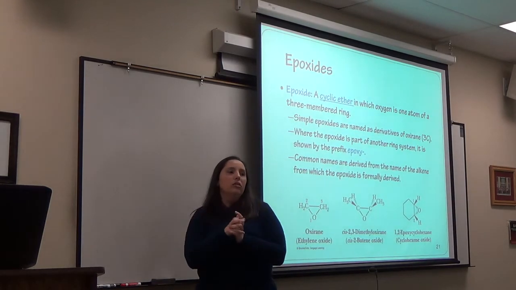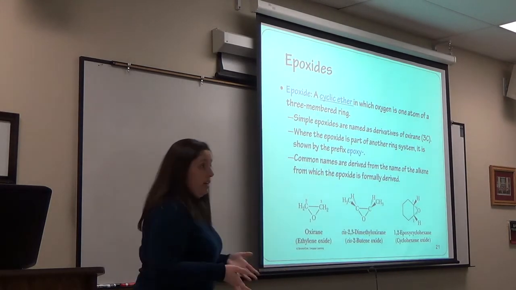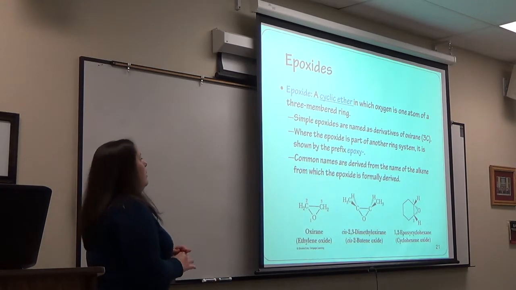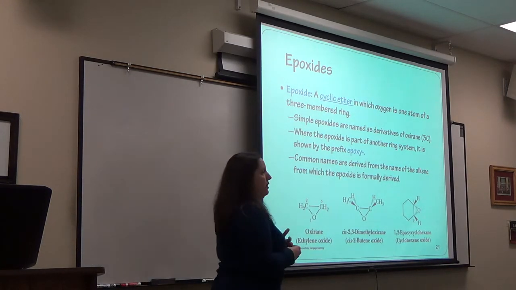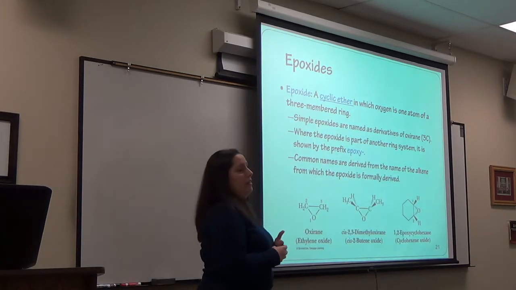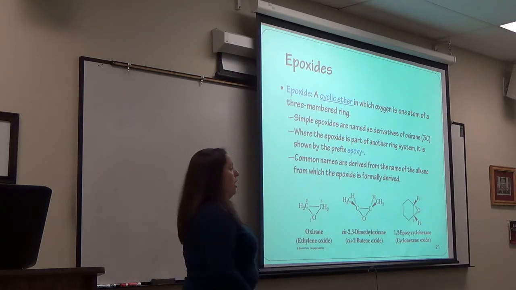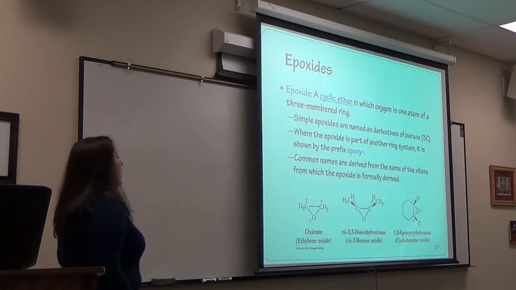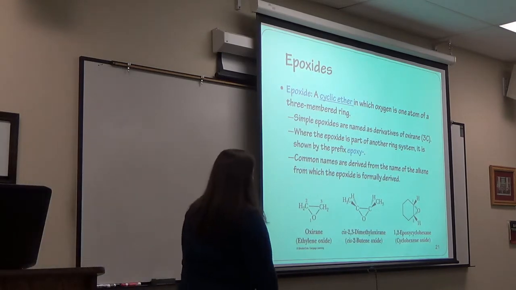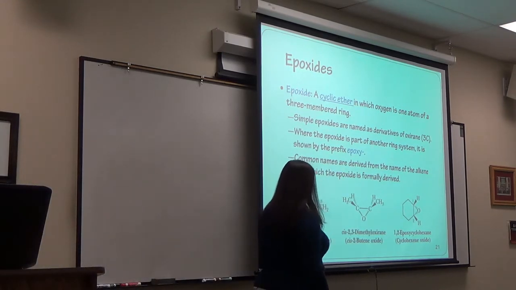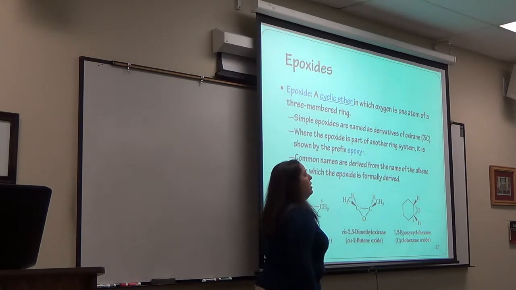This is called an oxirane, if you remember that common name, but I think the easier name is epoxide, and I believe OWL likes to use that instead of oxirane, but either name would be fine if you saw it on an exam. This is the cyclic ether, and this is oxirane, or the epoxide.